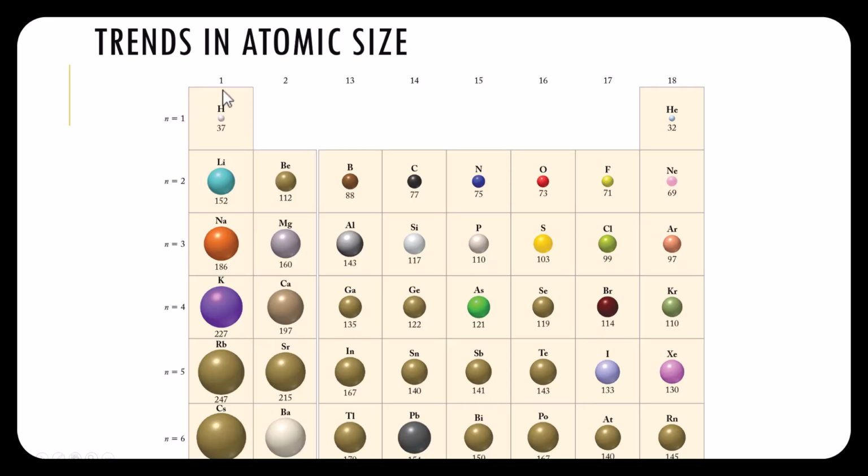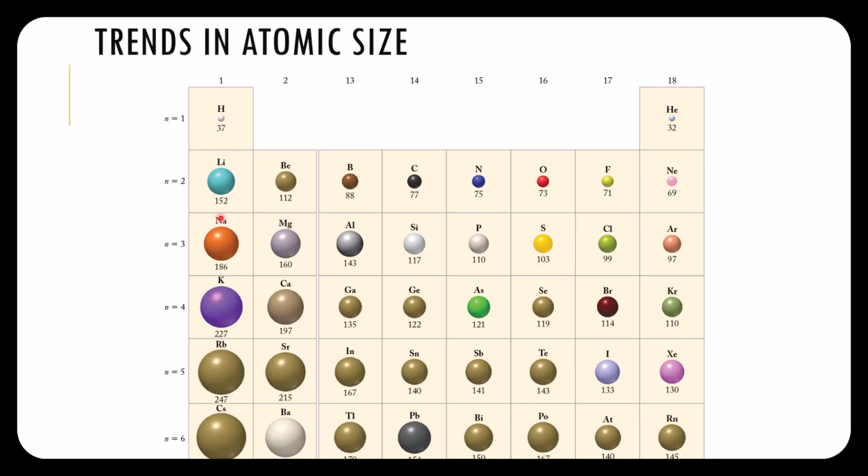If we look at, let's say, this first group here, we know all of these guys have one valence electron. As we move down the periodic table, the position of that one valence electron gets further and further away from the nucleus. So here that valence electron is in the first energy level. Here it's in the second, third, fourth, fifth, sixth, and so on.